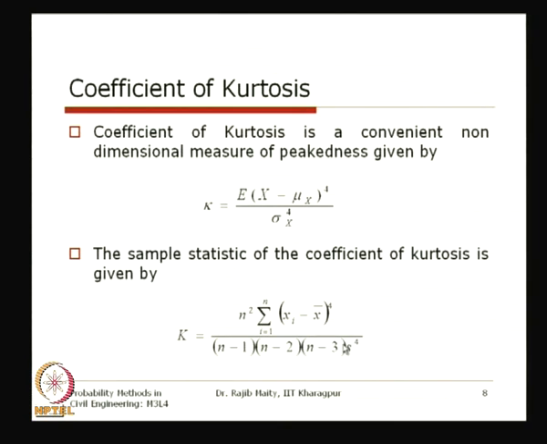Sometimes in some texts this sample estimate is also expressed with a minus 3, so that if k is equal to 0, it is the same as the normal distribution, if it is negative then it is lower than the normal distribution, and if it is positive it is higher than the normal distribution. But this is also correct. So we have to take that this equals 3 in the case of the normal distribution.